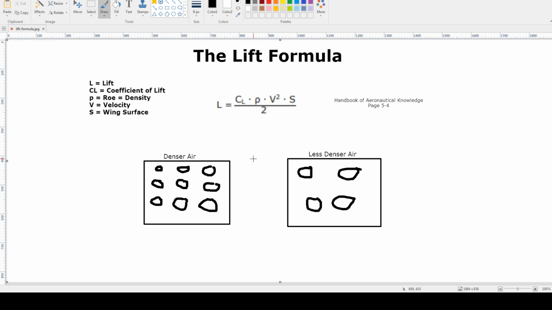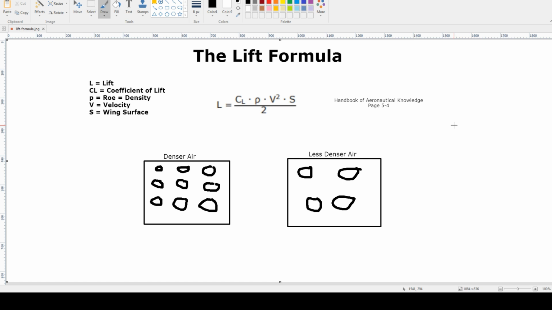What happens when we fly through the denser air? More air molecules are interacting with our wing, thereby creating a stronger Bernoulli principle, thereby producing more lift inherently. The less dense air has less air molecules that can interact with our airfoil at one given time, and therefore in less dense air, our airplane produces less lift.